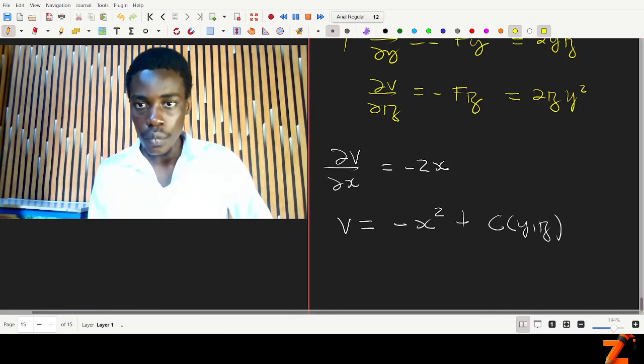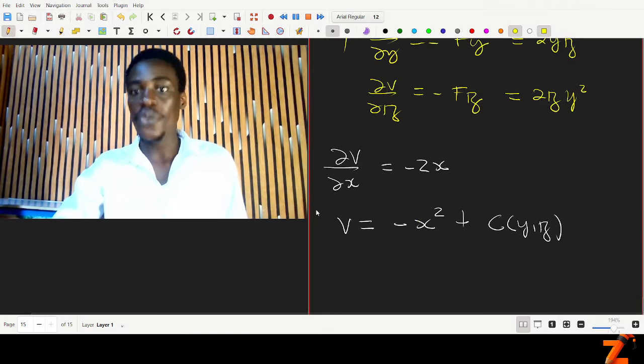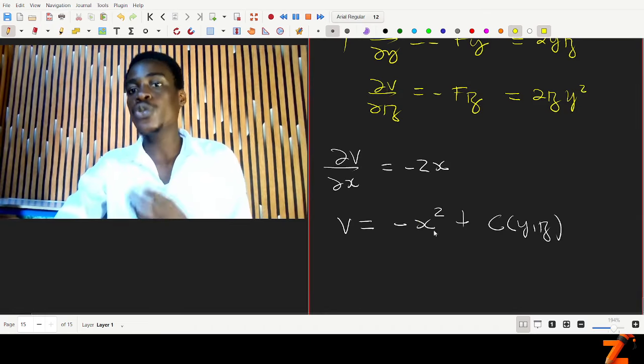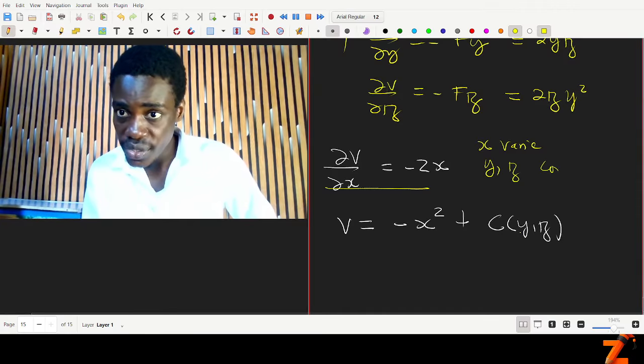Ok, en fait ici vous voyez, c'est la dérivée de v par rapport à x qui fait moins 2x. Ok, donc v fait quoi? Moins x carré plus une constante. Donc cette constante, elle dépend de tout ce qui est constant. En fait, dans cette dérivée, sachez que x est la variable, x varie, et les autres sont constantes.